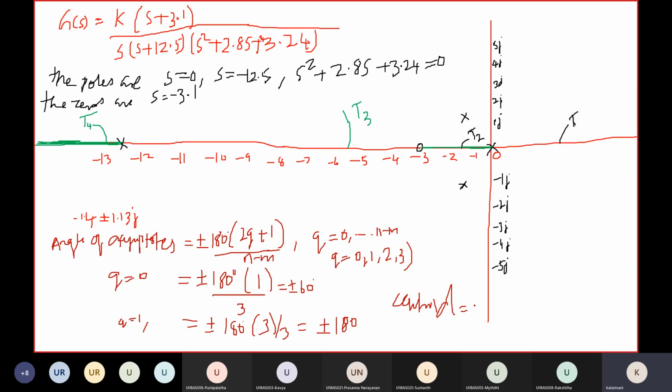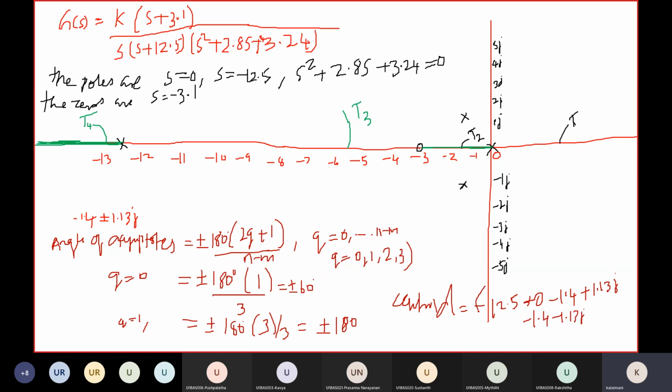The poles are minus 12.5, 0, minus 1.4 plus 1.13j, and minus 1.4 minus 1.13j.